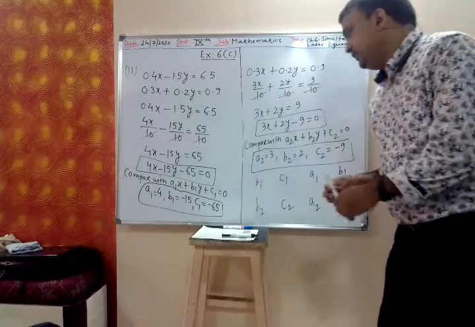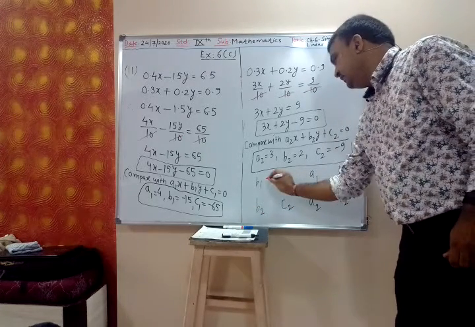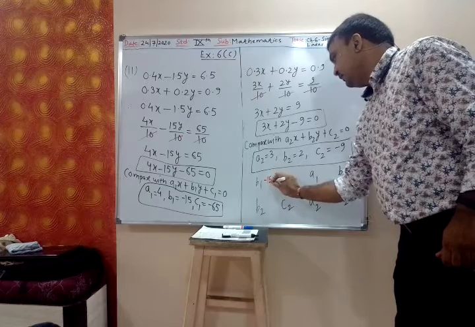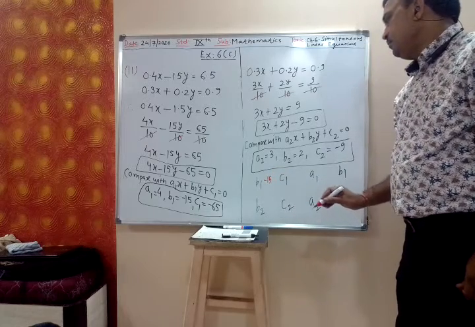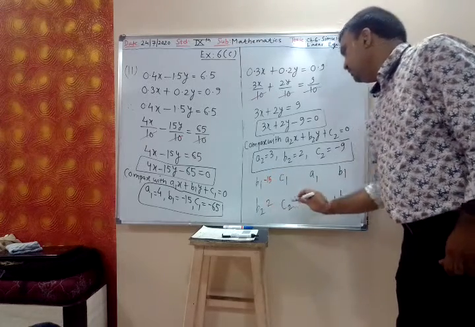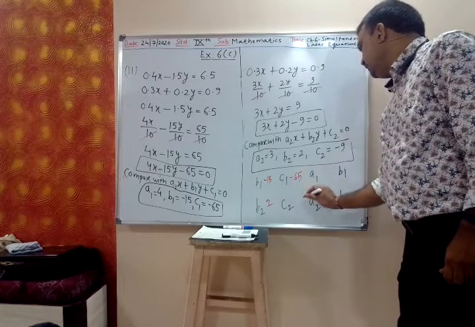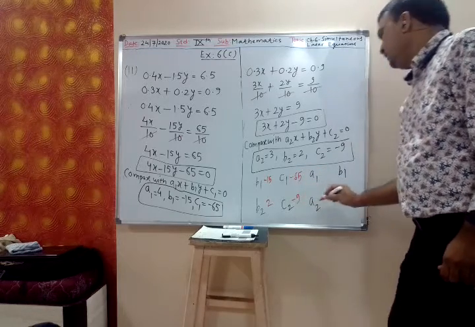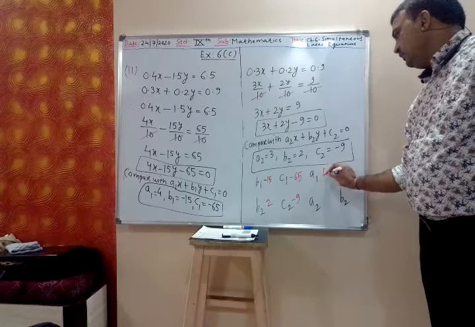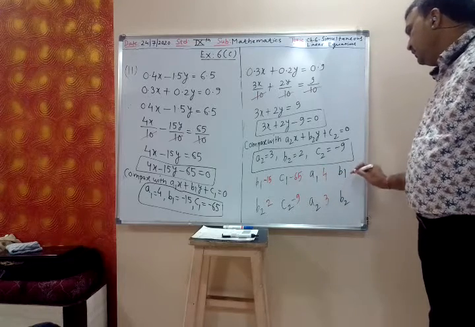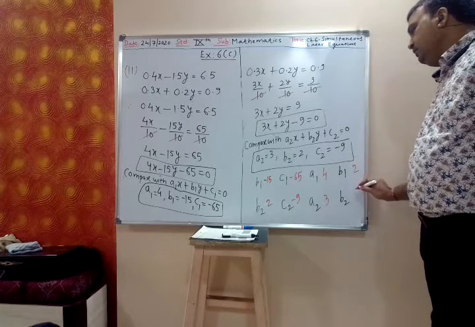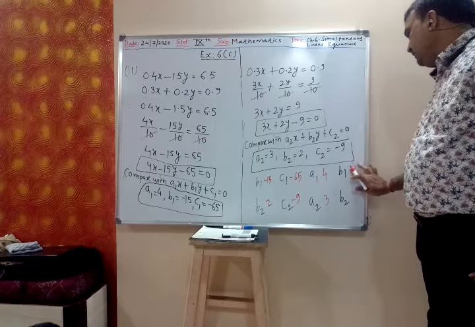Now B1 is minus 15, B2 is plus 2, C1 is minus 65, C2 is minus 9, A1 is 4, A2 is 3.